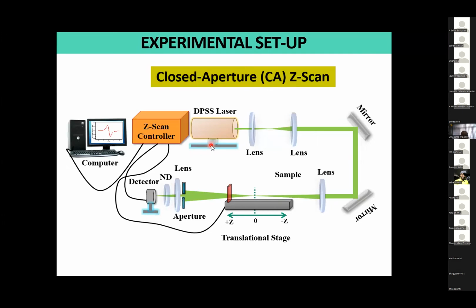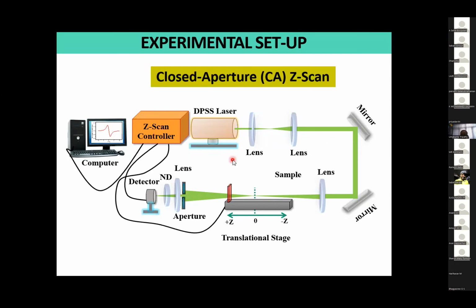However, for materials with strong absorption at the excitation wavelength, it is very difficult to remove the absorption contribution from the refractive profile. In that case, and even in the majority of cases, it has been observed that by using a single scan you can detect both the refractive and absorptive properties, because experimentally it is very difficult to completely rule out the contribution of absorptive nonlinearity even in a closed aperture G-scan.